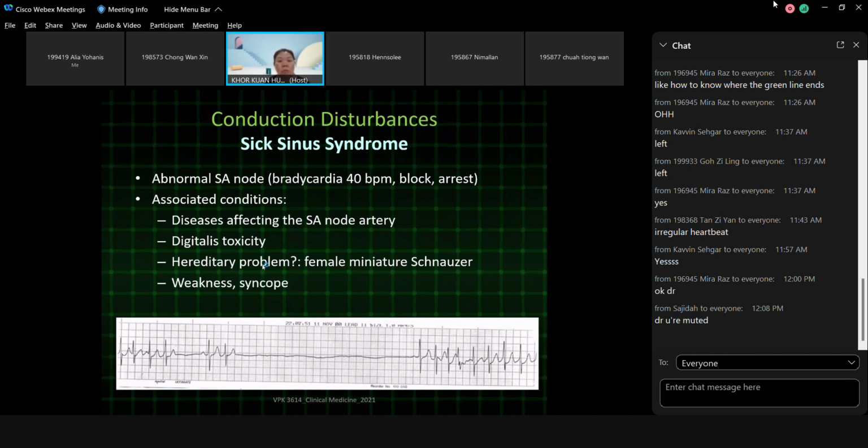It can be a hereditary problem also, and has been noted to be more common in female miniature schnauzer, and is associated with weakness and syncope. So again, fainting, weak, sleeping only, suddenly got up and then syncope already. So normally it comes with a clinical sign. For you to have this kind of trace, definitely will have clinical sign.